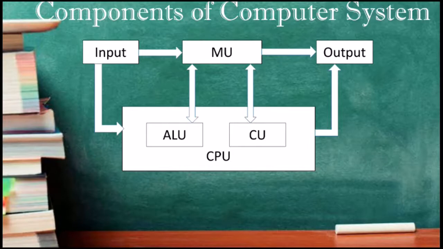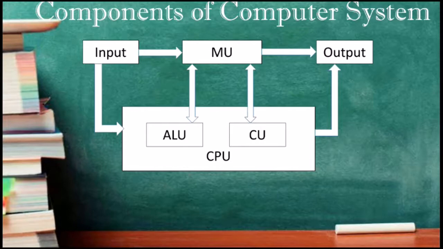And the last unit is output unit. This unit supplies information or result of computation to the outside world using output devices. Output unit is used to convert coded data into human acceptable form.